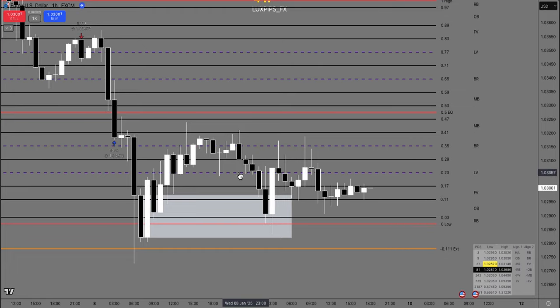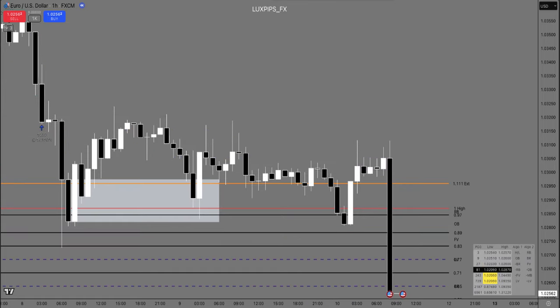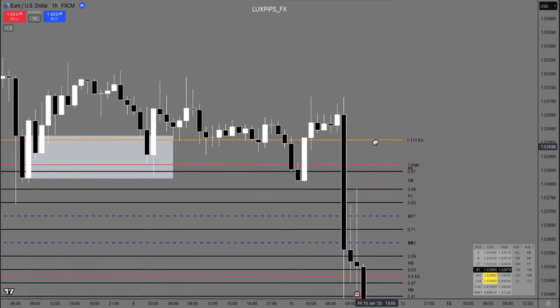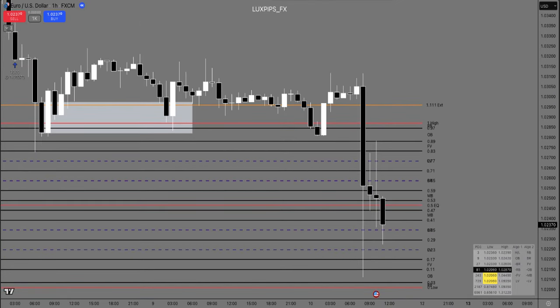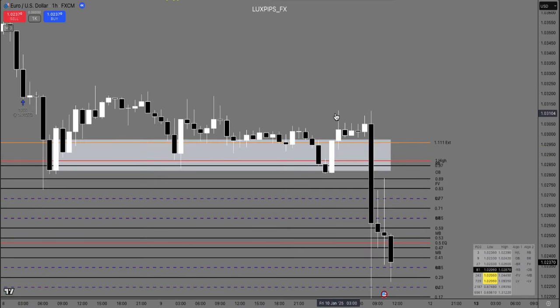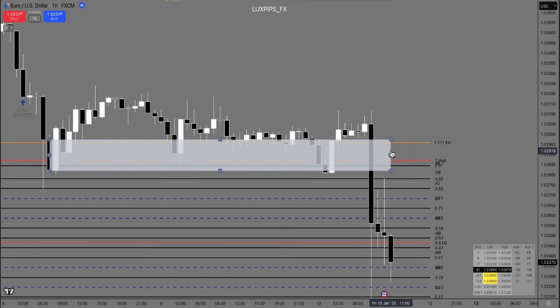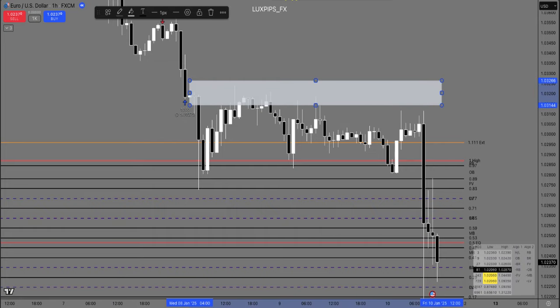It looks like it's just consolidating right here, right? Oh, okay. So it looks like I paused it a little too late. But it looks like this order block never held up. The downtrend was pretty heavy, as this order block that I mentioned earlier, right here, was used, right?